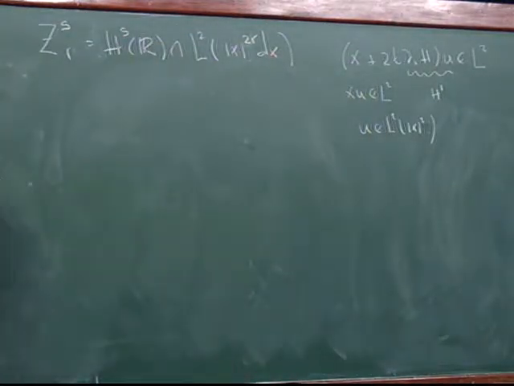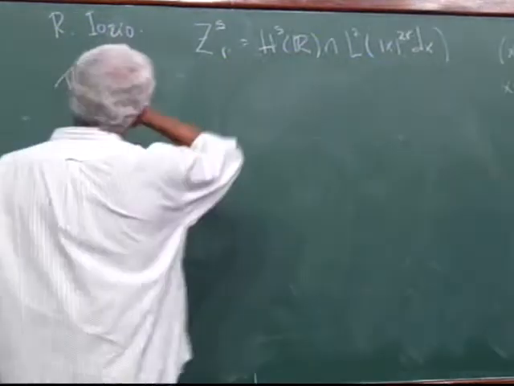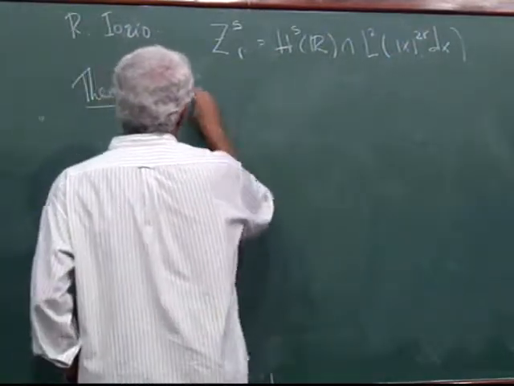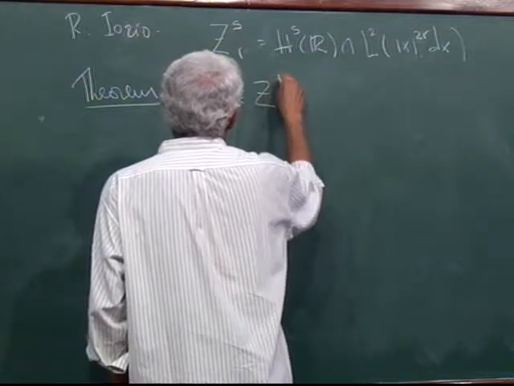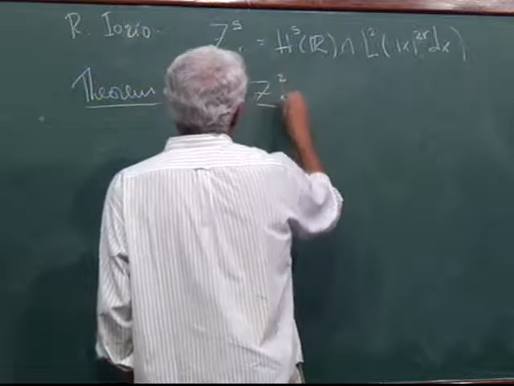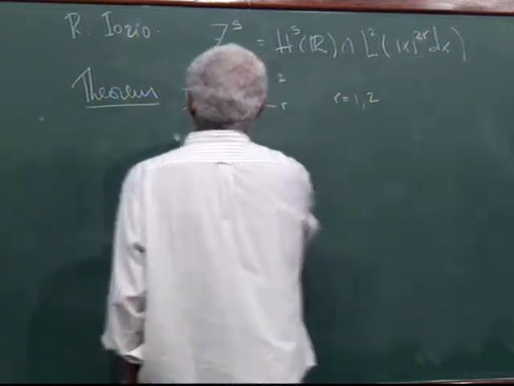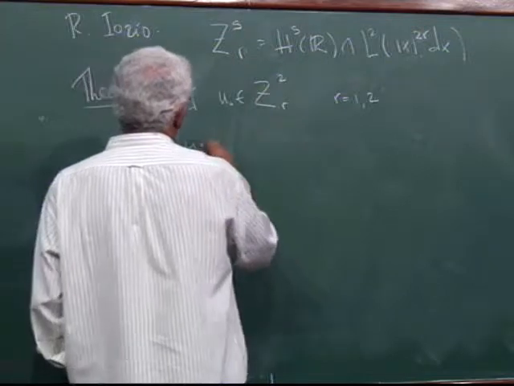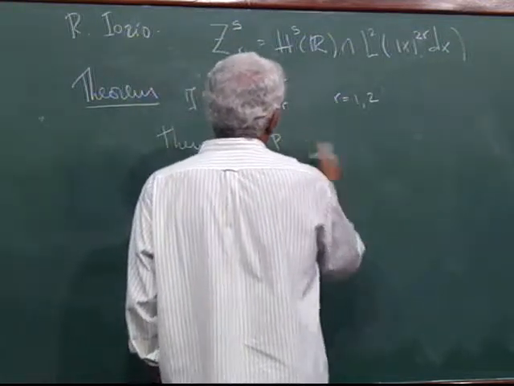Llorio proved the following theorem. If the initial data is in, let's say, regularity 2, and r equal to 1 or 2, then you have local well-posedness in this space.